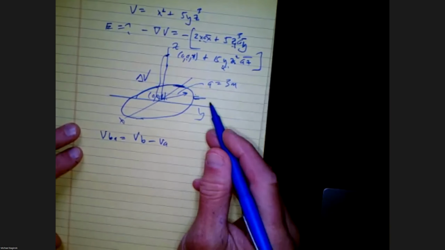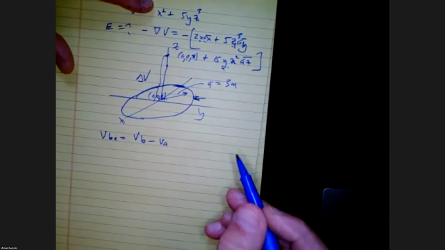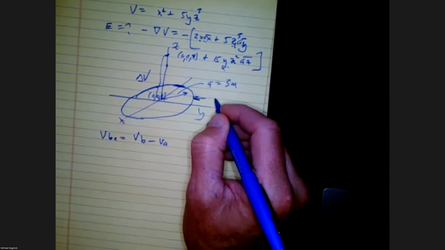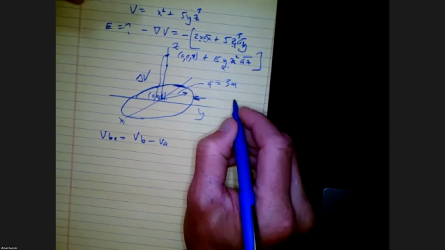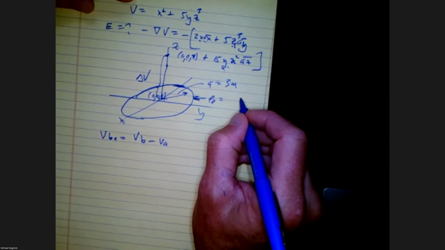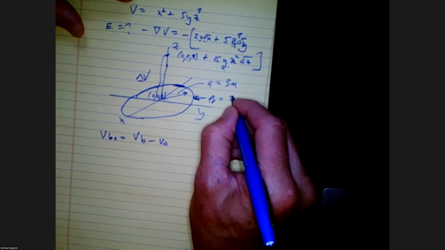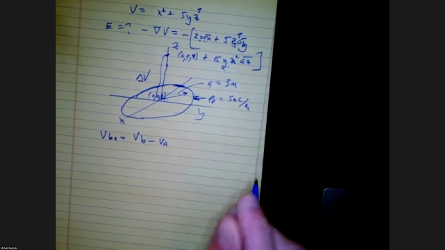That's what we just did with the voltage for this one, for the ring. I gave it to you earlier. So this has a certain charge density. What is it? We got rho L is equal to 5, I think it is, 5 nanocoulombs per meter, right?